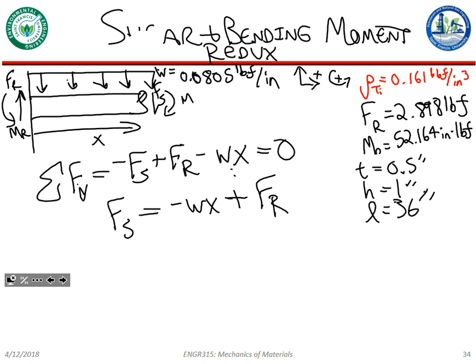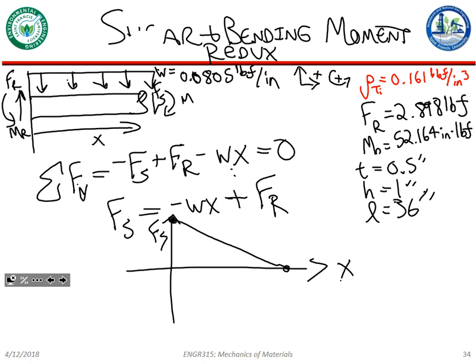So if I plotted this, the slope of this is W. We're starting at Fr, so starting at 2.898 pounds, whatever is going on here, and slope down to 0 shear stress at the end of the beam.